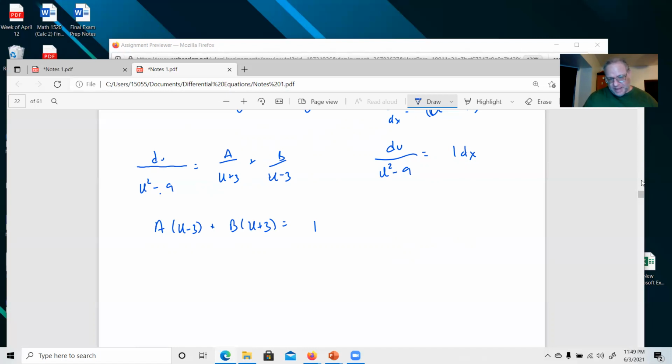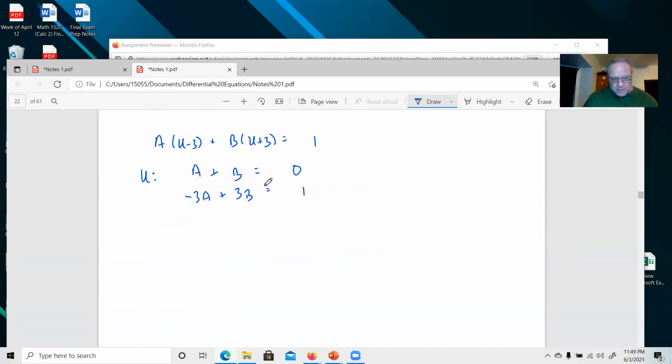So a plus b is equal to whatever's on the numerator here, and then we're just going to solve this. So we have a plus b is equal to 0. That's my u setting. And then we have minus 3a plus 3b is equal to 1, don't we? Did I set this? I did it backwards.